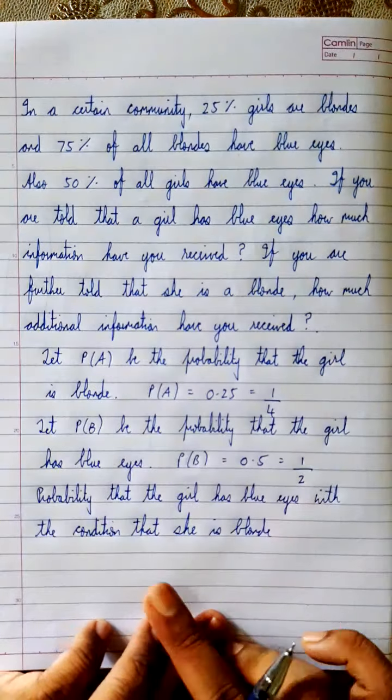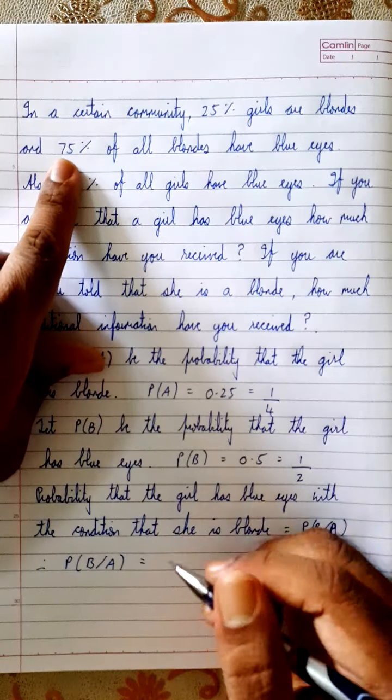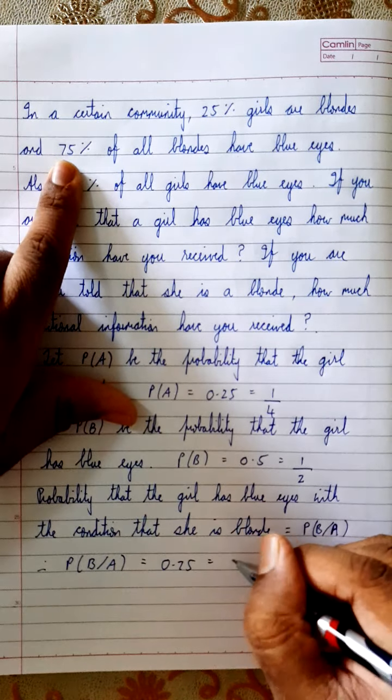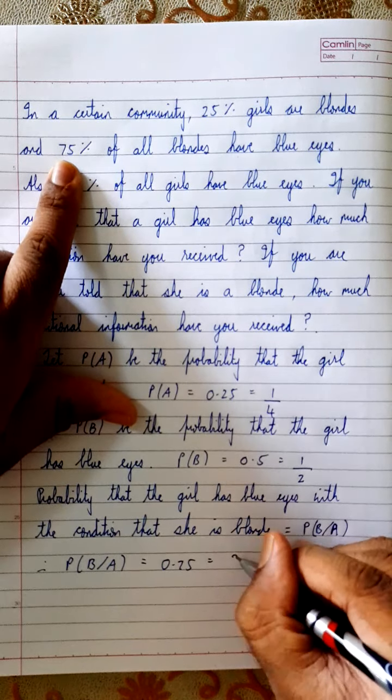A is the condition, that we know that A is satisfied, or that we know she is blonde. So according to the question, this P of B by A is equal to how much? 75%. 0.75. I think you can write 0.75 in terms of this, right? 3 by 4.